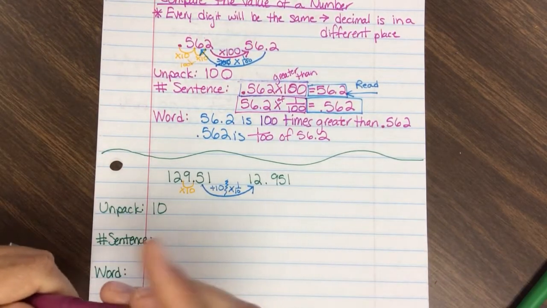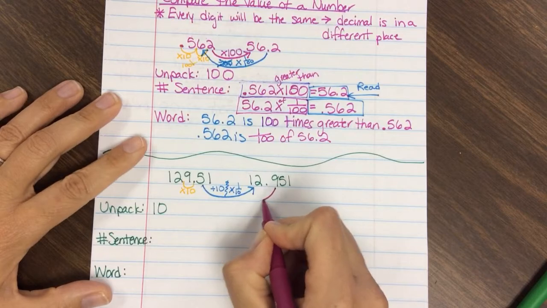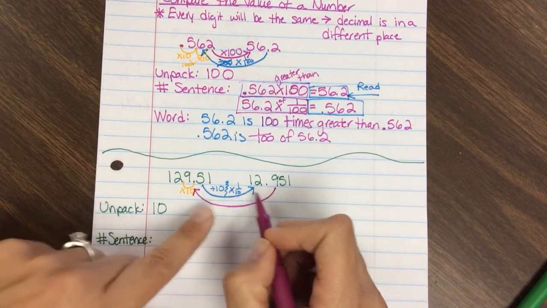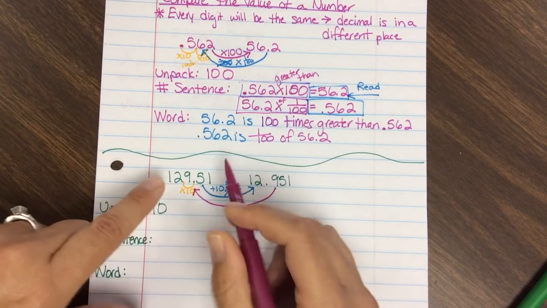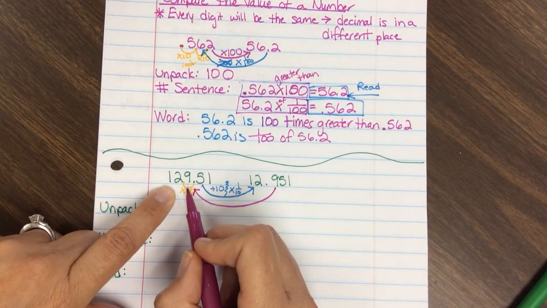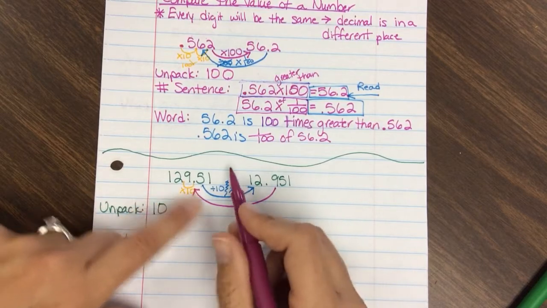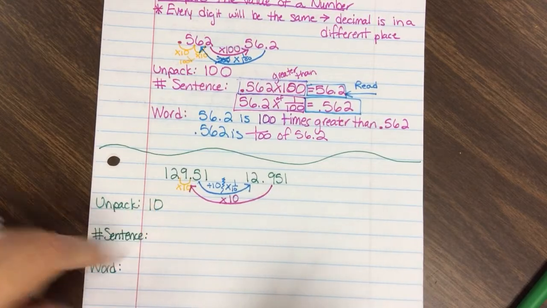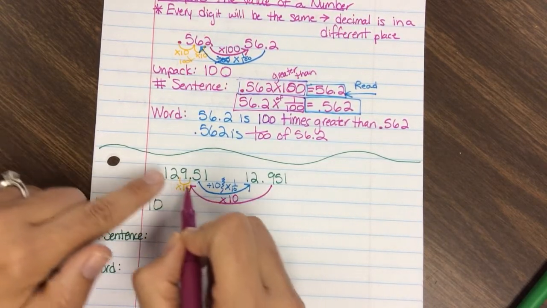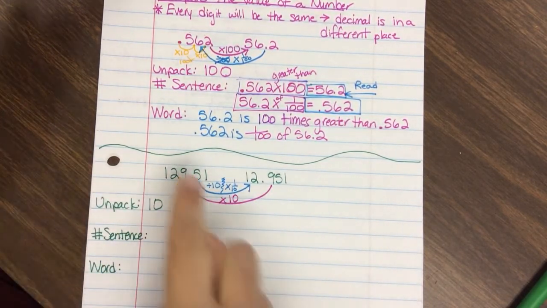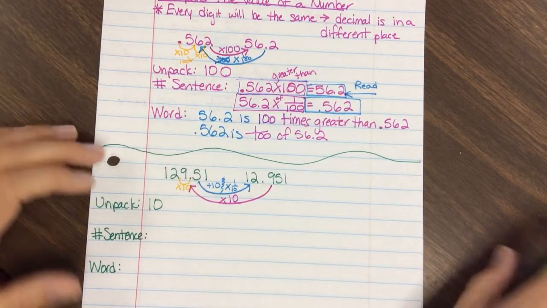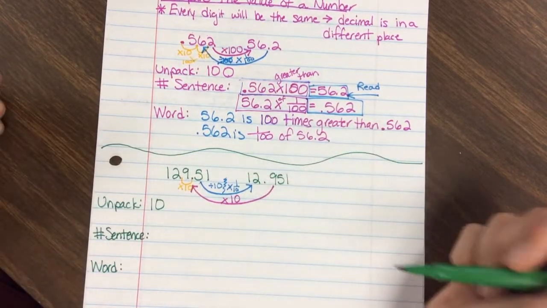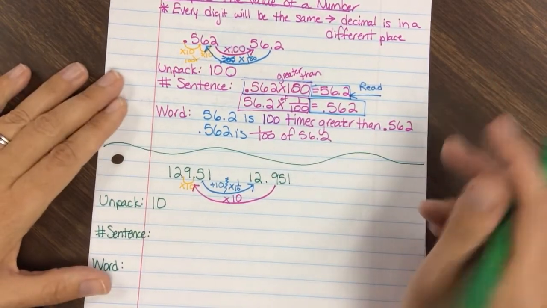And if I want to go the other direction, start here and make this, I've got 12 and 951 thousandths that needs to become larger to 129 and 51/100ths. Same thing. It's only changing 10 times. And I'm multiplying because my value is getting larger by 1 decimal place over. So now, pause it, see if you can do your number sentences. Check it when you're ready.